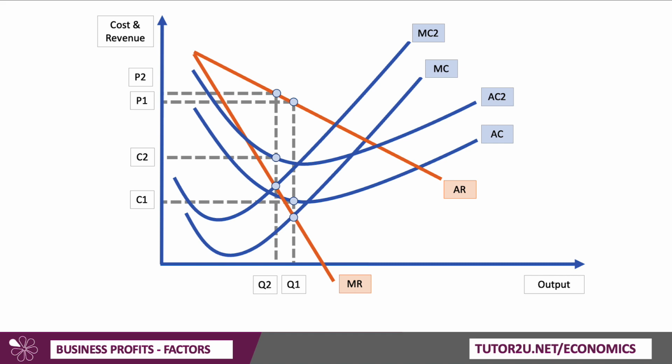They might be able to increase the price to P2, but as you can see, demand is fairly price elastic, so they're only able to increase that price a little bit, whereas unit cost has gone up from C1 to C2, and as a result the profit that's made in the green area there is much less than it was before. Now in the exam, label rather than shade areas, but there's a good example of how rising costs can affect business profits at a microeconomic level.